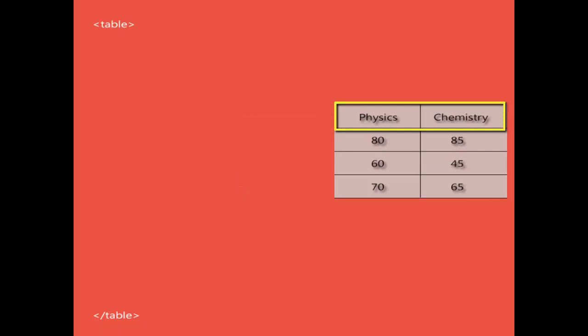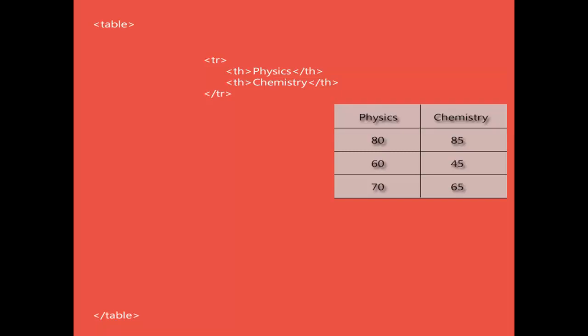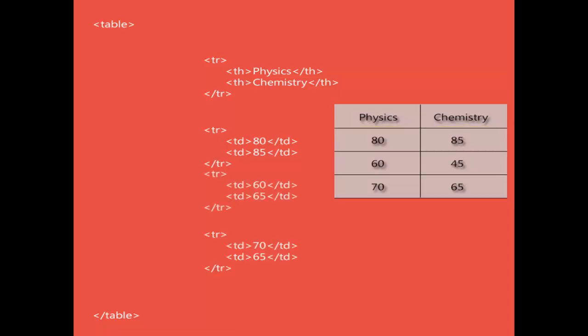Further, this heading row contains 2 table cells, the code of which would be this: the opening and closing tr tag for creating the row, and to create 2 heading cells that contain physics and chemistry, there would be 2 th elements. The next 3 rows are pretty similar and contain just numerical information. So we would create 3 rows, and each of those rows would contain 2 td elements to contain the numbers.